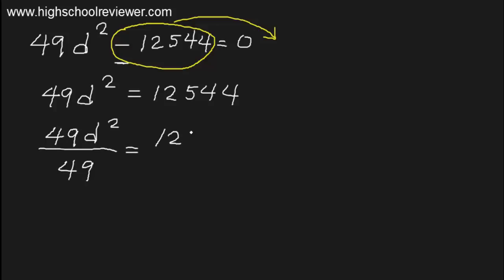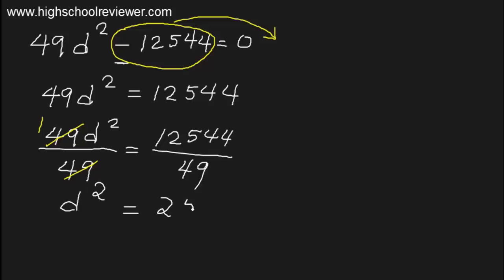So 12,544 divided by 49. So 49 divided by 49, we can cancel this out since this is equal to 1. And 1 multiplied by d squared is positive d squared. And we have here 12,544 divided by 49. This will give us positive 256.